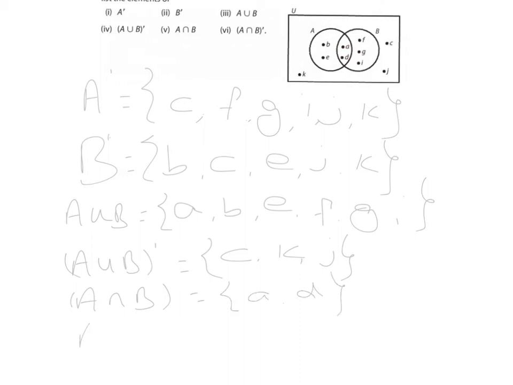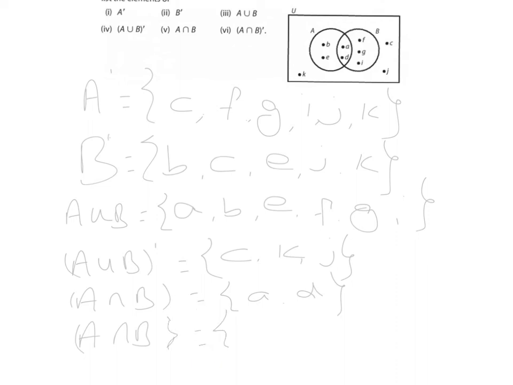And then the last one, they want A intersection B complement. So remember, this complement means everything that is outside of A intersection B. So we're not counting A and D. So then you're left with, write it better, get rid of that guy, so that you can understand what I'm doing.